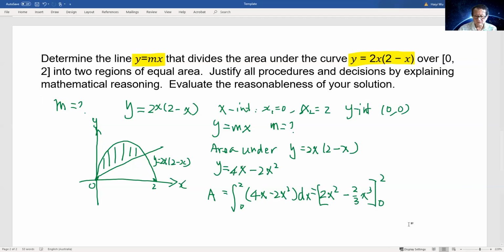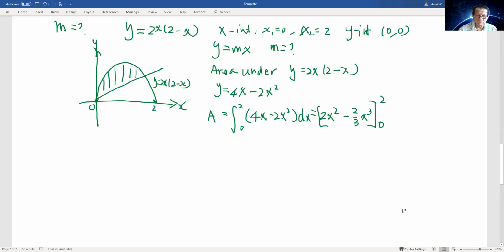So this is the area under the curve. Now we substitute 2: 2 times 2 squared minus 2 times 2 cubed over 3, and minus, obviously, the next one will be 0.